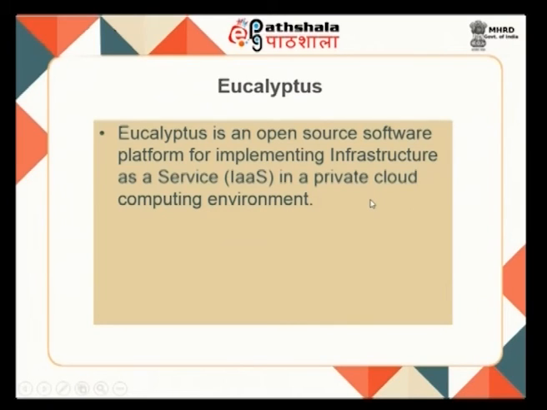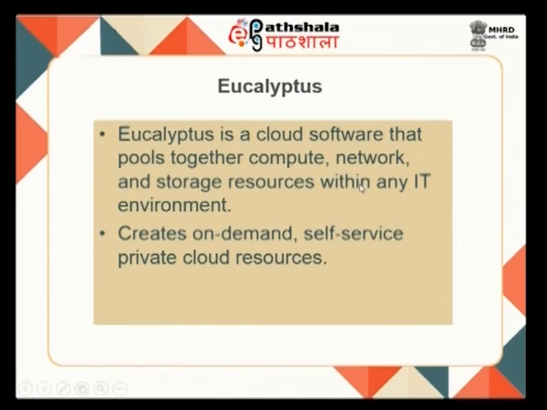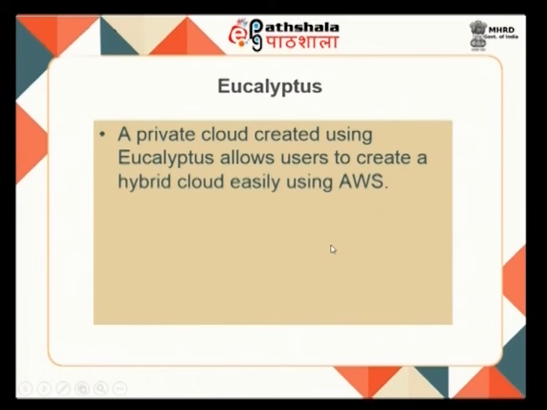The next IaaS platform is an open source platform called Eucalyptus. This can be used to create a private cloud. The acronym is Elastic Utility Computing Architecture for Linking Your Programs to Useful Systems. Eucalyptus puts together the software, network and storage resources of an IT environment and creates a service. They have the specific advantage of being able to connect with AWS and create a hybrid cloud.